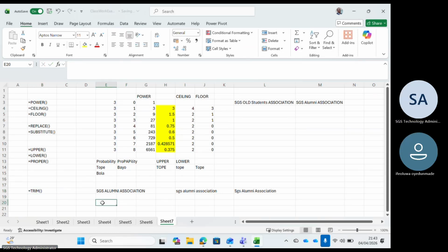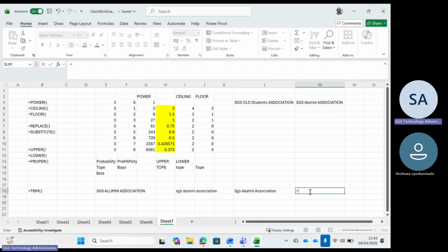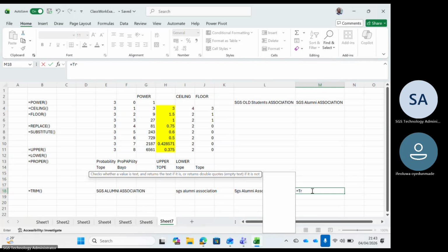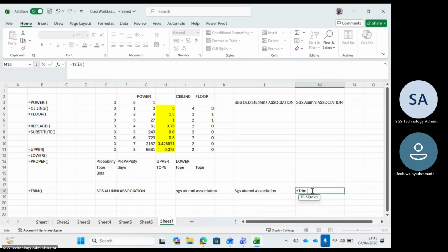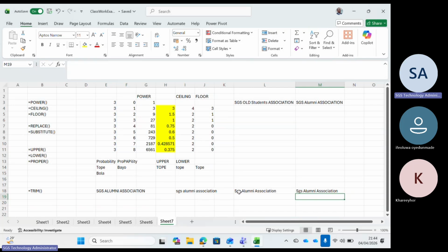I'm going to still use this as an example. Let's see what it does if we trim this text. The function of trim is to remove extra spaces from text.